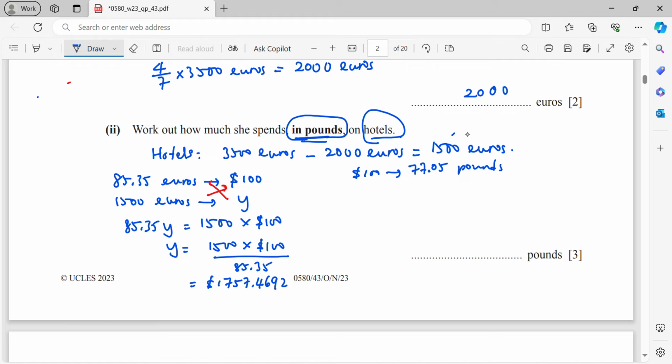So now I have 1,757.4962 dollars. It will be, let's say, T pounds. Then to get the T, it will be the same method as just now. So basically 100 T is the multiplication.